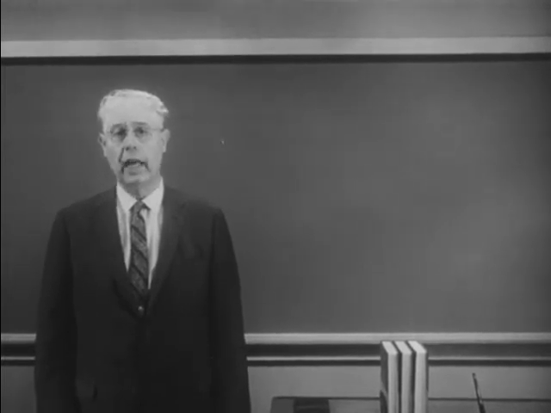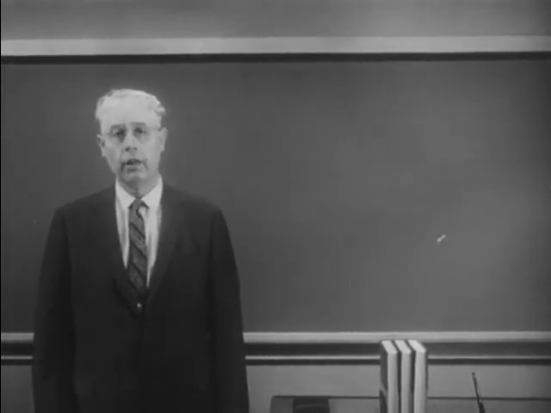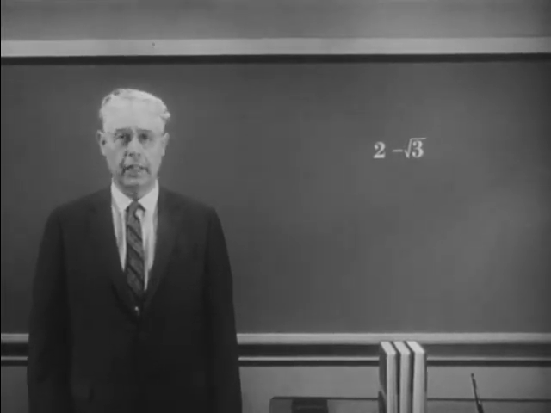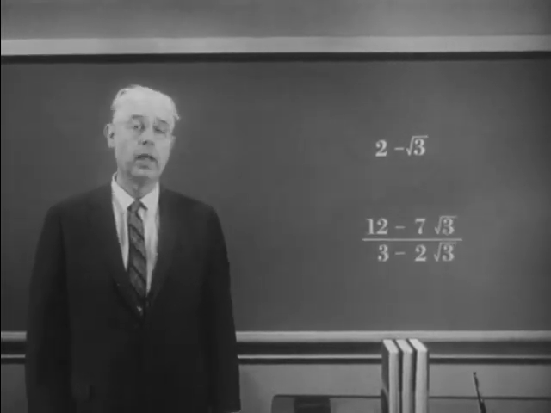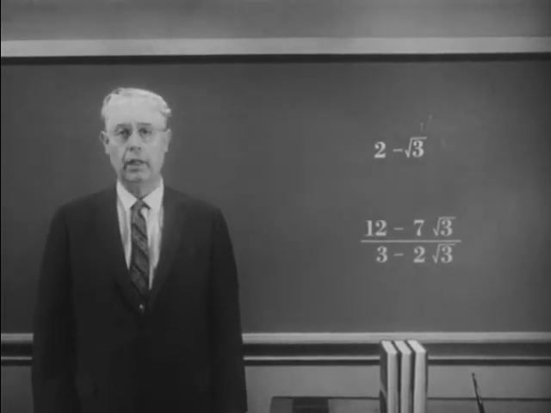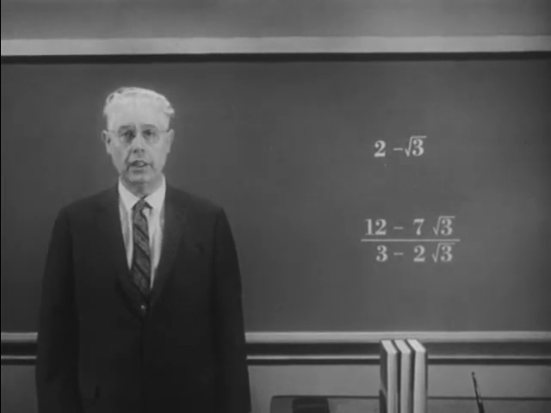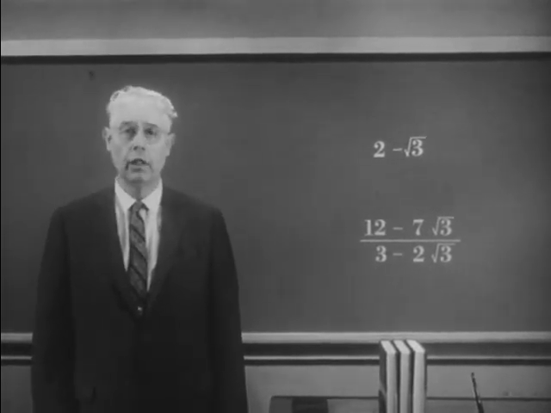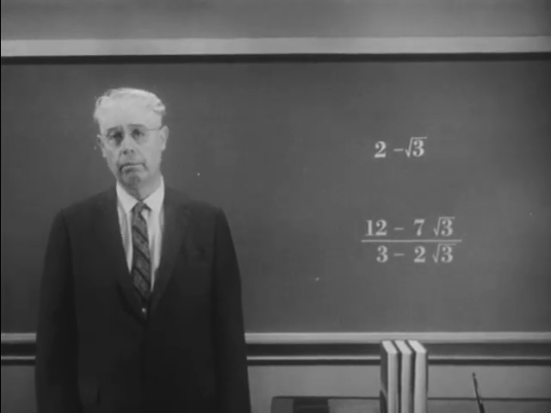Clearly, for computing an approximate answer, the form 2 minus the square root of 3 is more convenient than this. Miss Perkins was quite right about that. But frequently it is neither necessary nor desirable to compute a rational approximation for an irrational number.